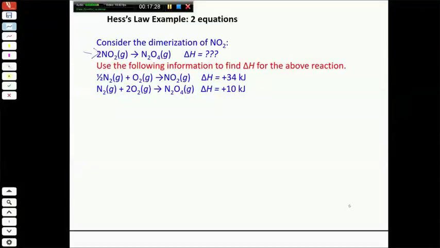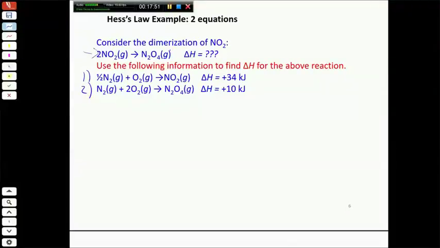It's a little bit like putting a puzzle together, because you have to figure out how to first add together the chemical equations, then you have to determine what happens to delta H when we combine those 2 equations in different ways. So we have our overall reaction given up here, the dimerization of NO2, and we have 2 individual equations that we need to figure out how to add together to get our overall equation.